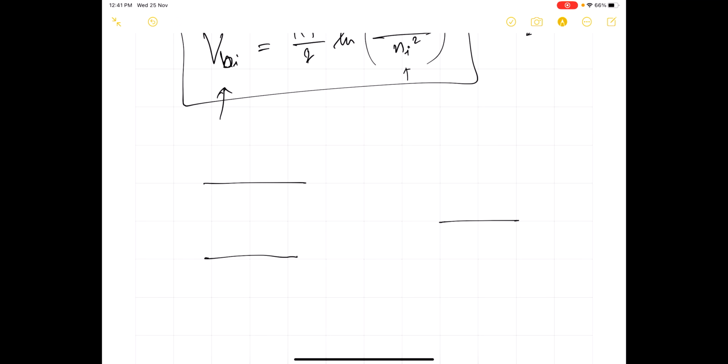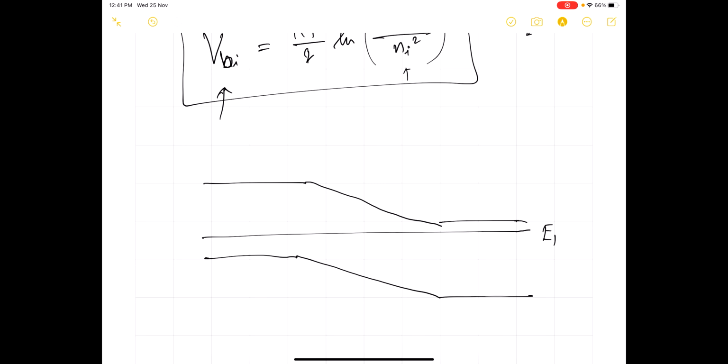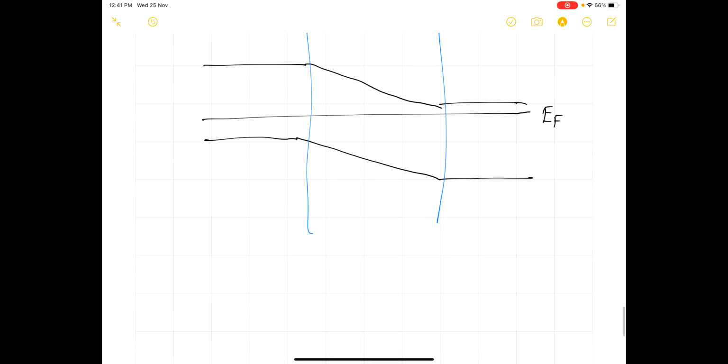This is the PN junction and this is the Fermi level, EF. And here we have the depletion region.